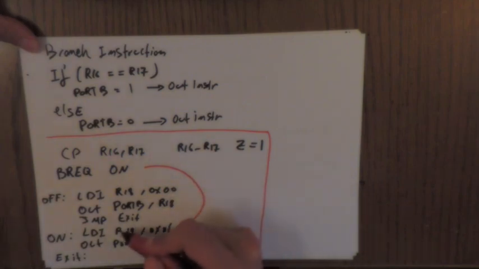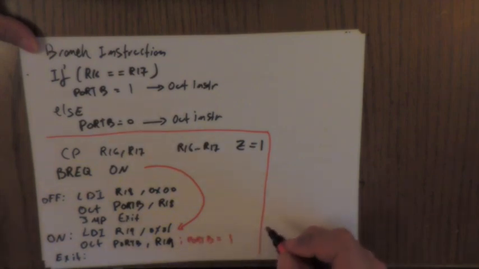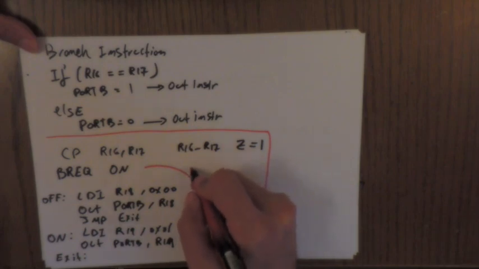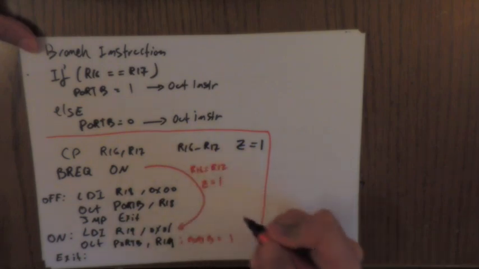It will put 1 in R19, and then R19 will be placed in port B. So here we have port B equal 1. Now this is the case where R16 equals R17, and port B is equal 1.